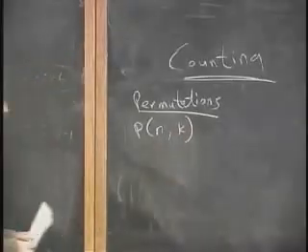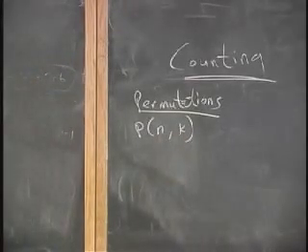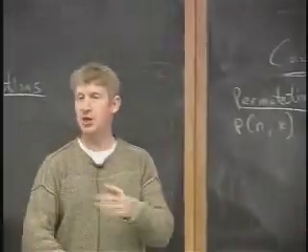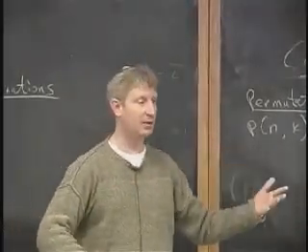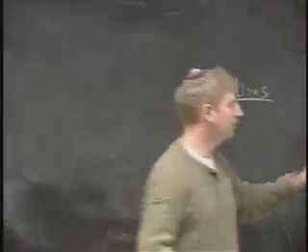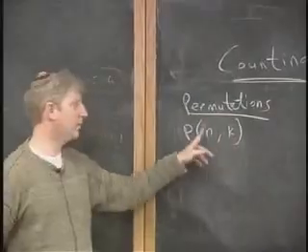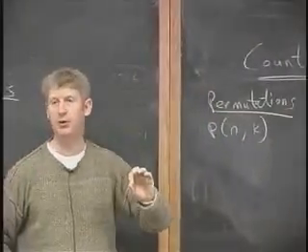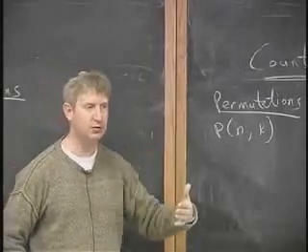Here's a symbol, P(n,k). We used P(n) before to mean the number of permutations or the number of ways to order n elements. So what this means is I want to choose k people from n people, and permutations mean that I care about the order, that I care who's president, I care who's vice president.